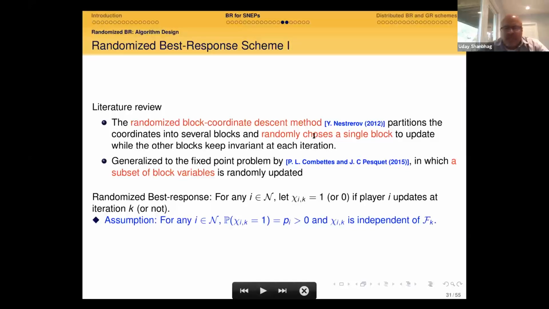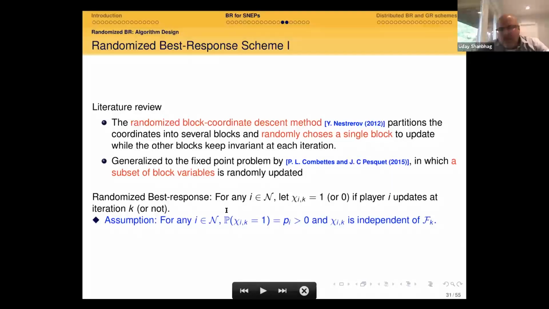For those of you familiar with these problems, they have been considered in the past in a non-randomized setting under the moniker block coordinate descent. Cyclic block coordinate descent, if you will, okay?